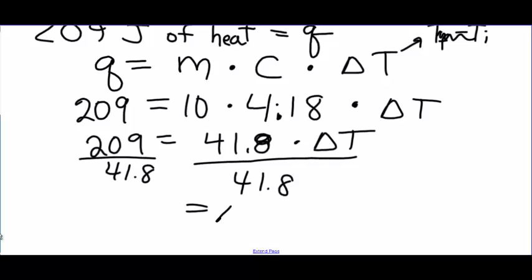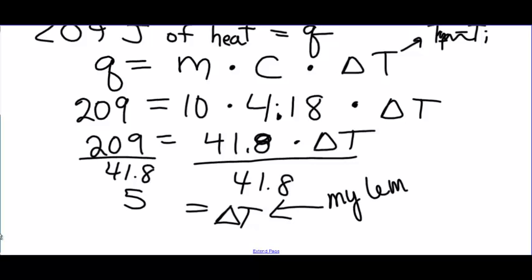And what does my delta T turn out to be? It's 5. Okay? So what that means is my temperature changed by 5 degrees Celsius.